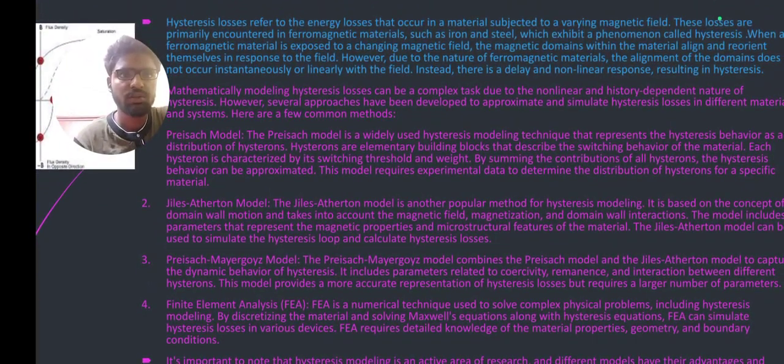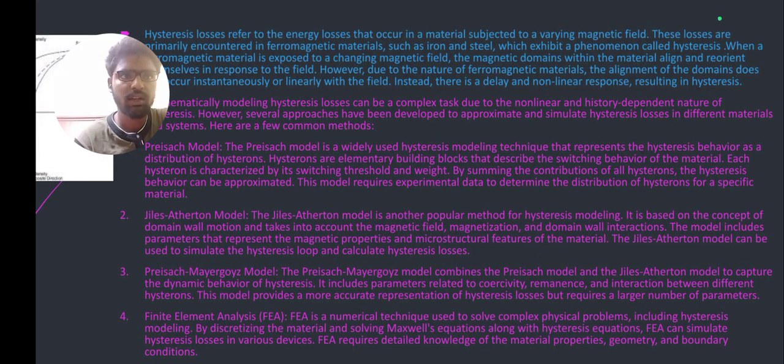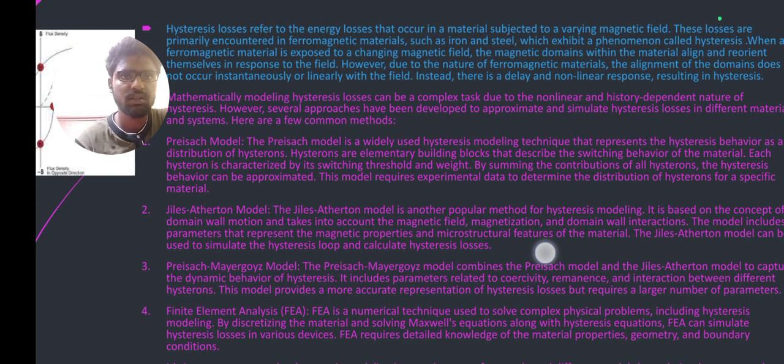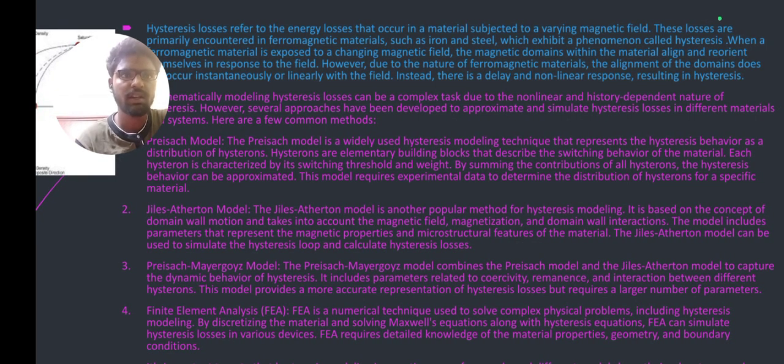Hysteresis refers to energy loss that occurs in a material subjected to a varying magnetic field. These losses are primarily encountered in ferromagnetic materials such as iron and steel, which exhibit a phenomenon called hysteresis.